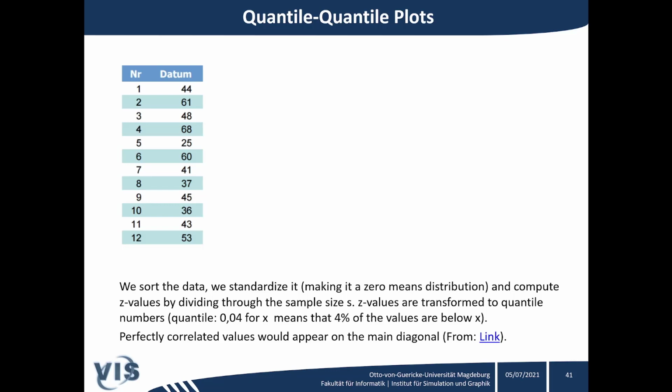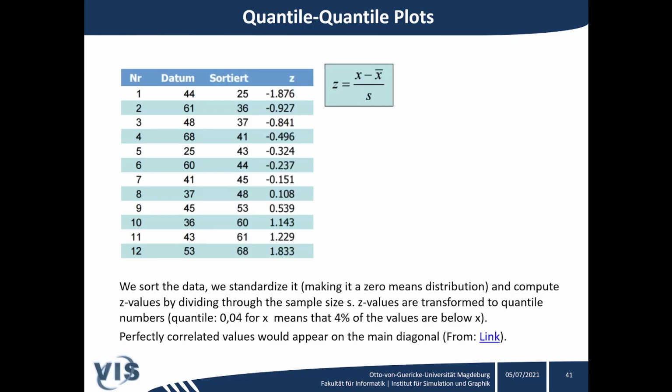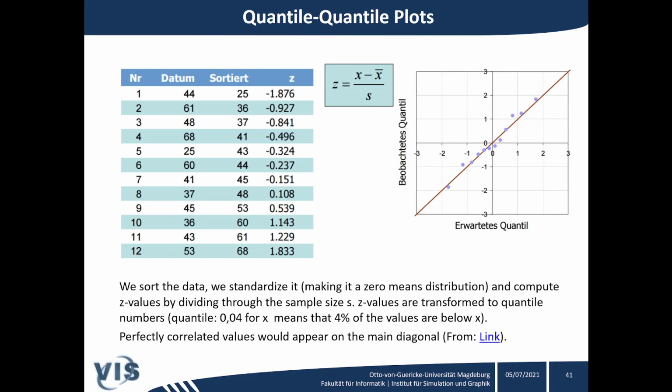QQ plots can also be used to check the distribution of a variable. So the table shows values of an artificial data set comprising the variable data. And to generate the QQ plot, we sort the data and standardize them. And this means we compute a zero-mean distribution. And afterwards, the z values are computed by dividing through the sample size.